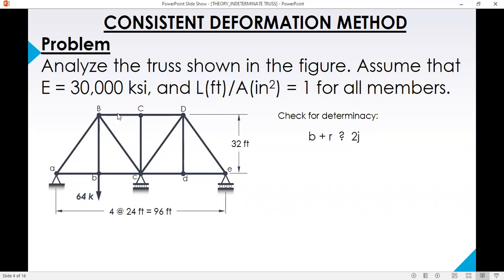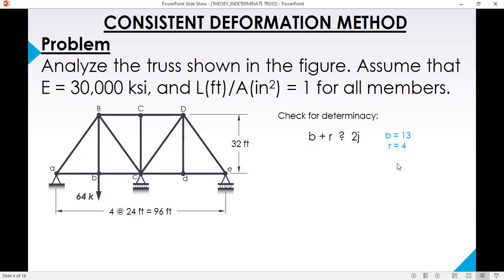Okay. If we count the number of members, 1, 2, 3, 4, 5, 6, 7, 8, 9, 10, 11, 12, 13. There are 13 members. For support reactions, A is hinged, so 2 reactions, C, 1, E, 1. So there are 4 reaction components. While the number of joints: 1, 2, 3, 4, 5, 6, 7, 8.